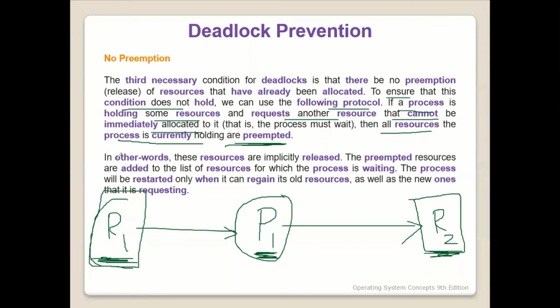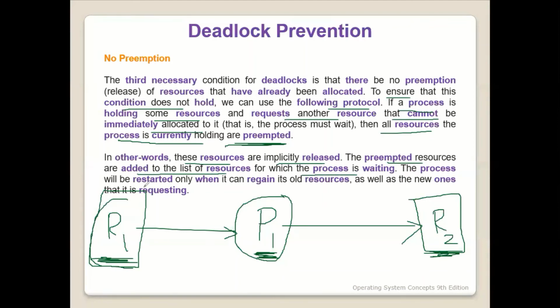Let's see it in a simplified way. The resources are implicitly released, automatically released. The preempted resources are added to the list of resources for which the process is waiting.